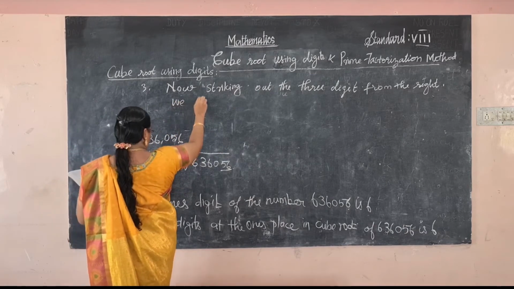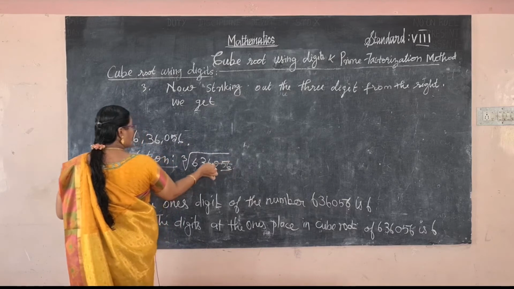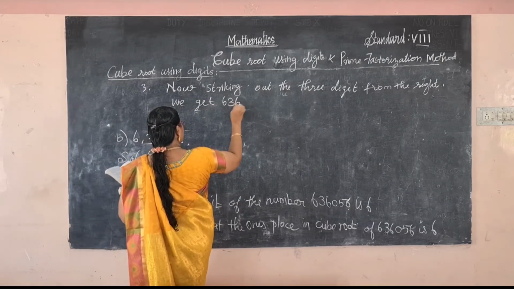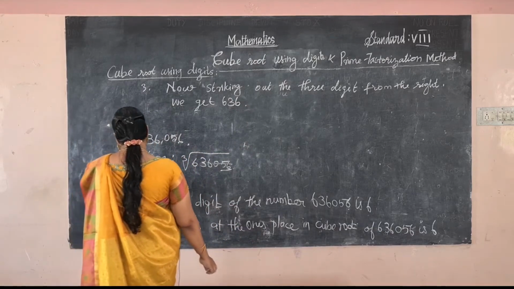Strike out these 3 digits. So we get 636.